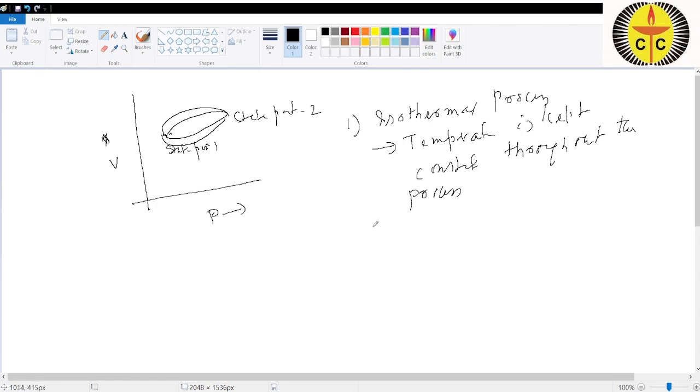Similarly, another is called the adiabatic process.